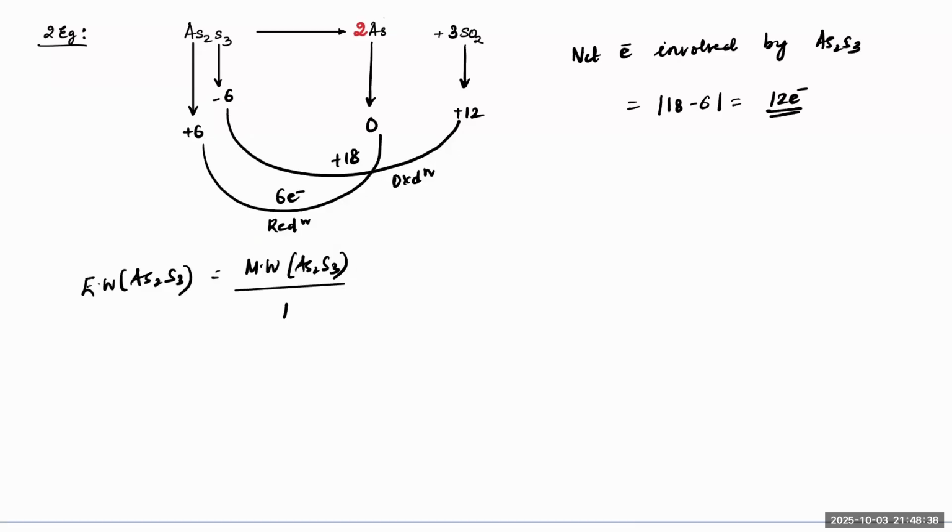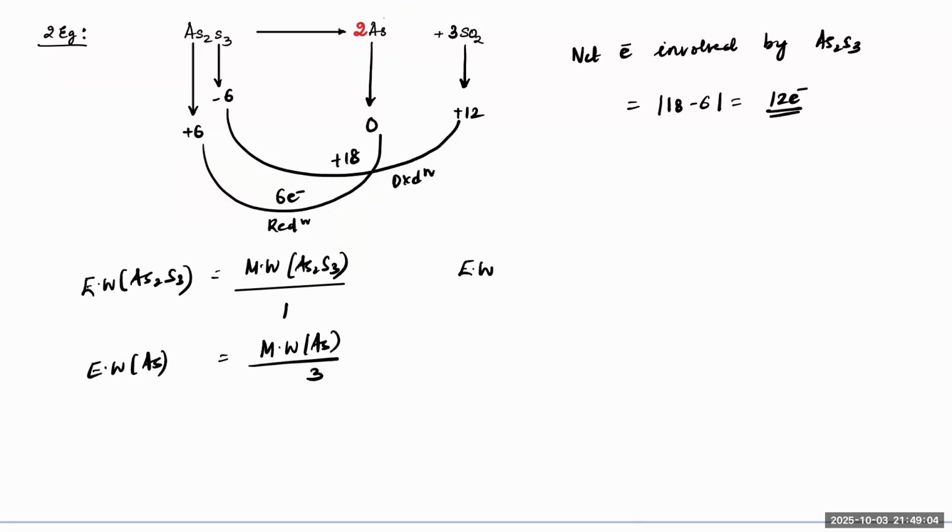Now, if this is 12, how much will it be for arsenic? See, arsenic has transferred how many electrons? For 2 arsenic, 6 electrons are transferred. For 1 arsenic, how many electrons will be transferred? 3 electrons. So the equivalent weight of arsenic will be equal to the molecular weight of arsenic divided by 3.